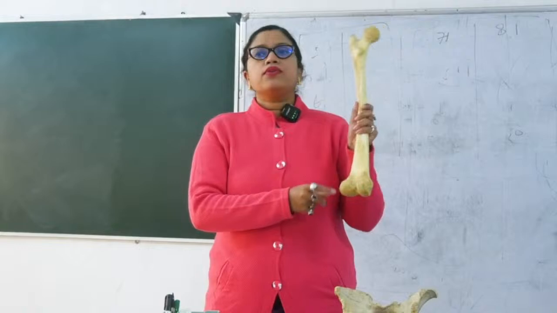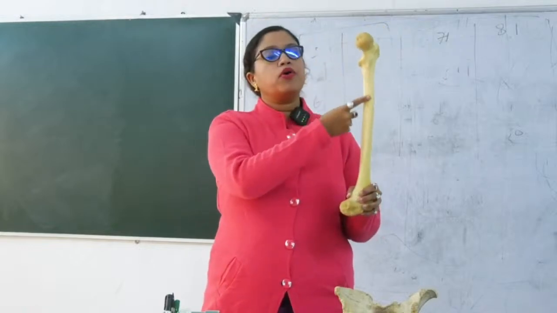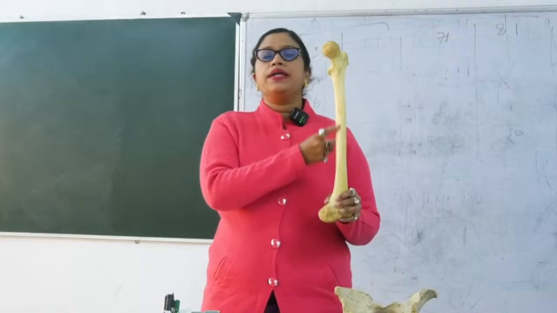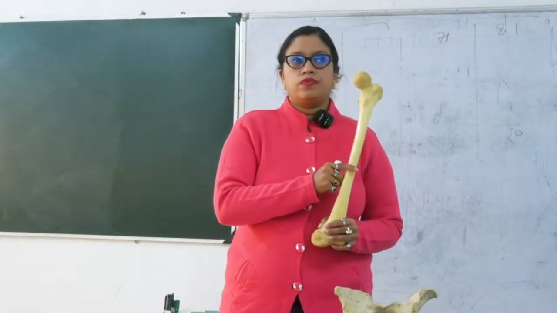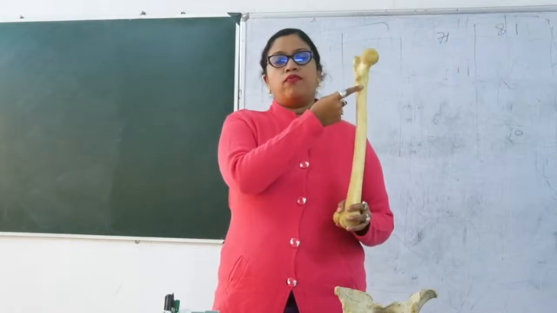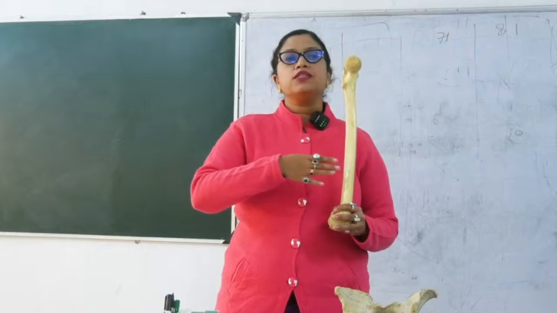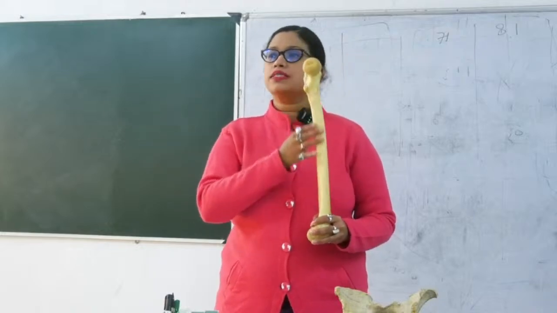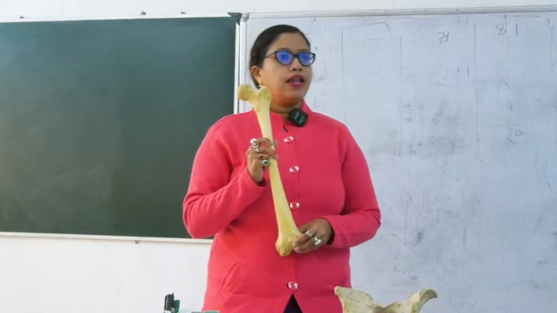So now the posterior border is over. What about the medial border? Which thing is attached on the medial border? Vastus intermedius, because vastus medialis would be superior to the vastus intermedius, and on the lateral border there is vastus lateralis.